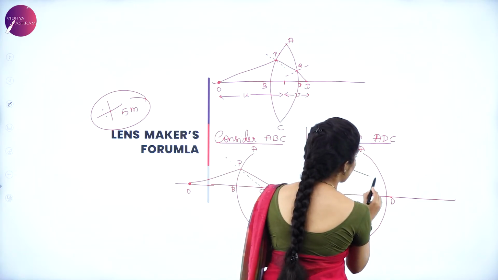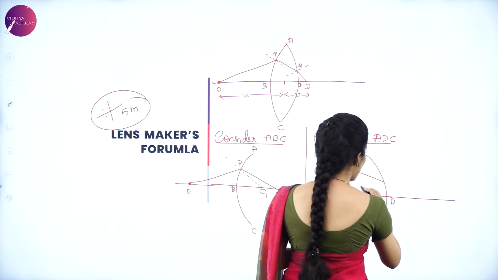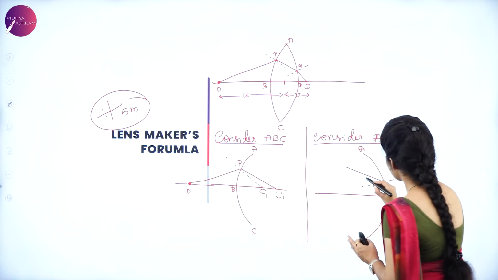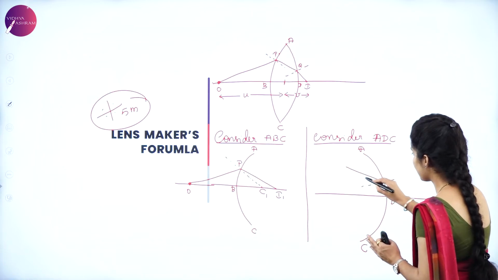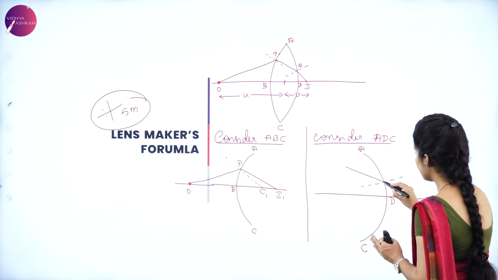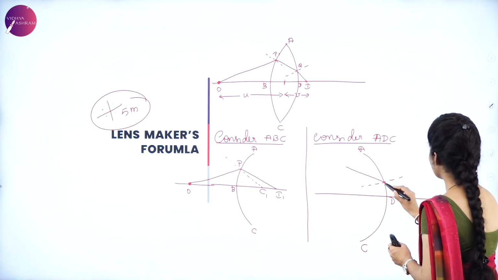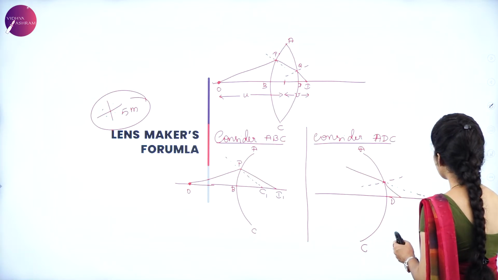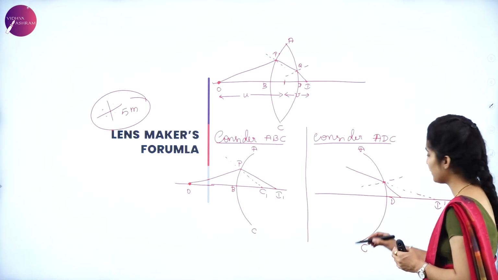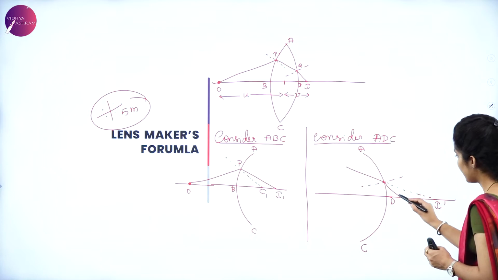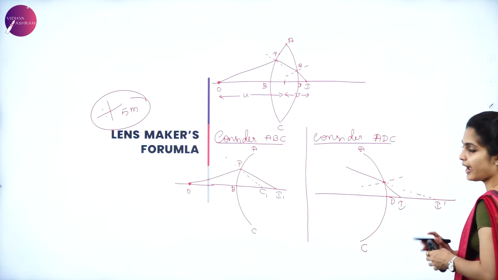You'll have to continue with the same ray of object. You have a refracted ray in this way and the normal which is drawn makes a certain angle with this line, and then it moves away from the normal. Now the extension of this line will give you I dash, an imaginary image, and here you have I, the actual image.